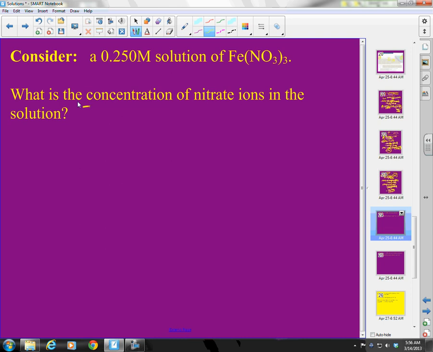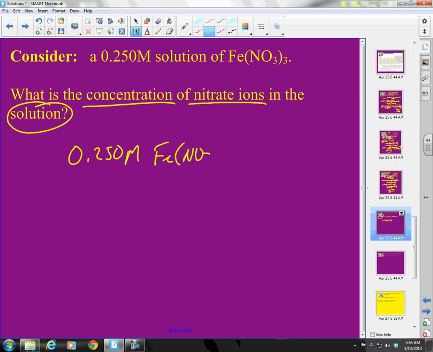What is the concentration of nitrate ions? Aha! In the solution. Well, this just has to do with what this really means. If I have 0.250 molar iron 3 nitrate, what does that mean I have actually in solution, right?